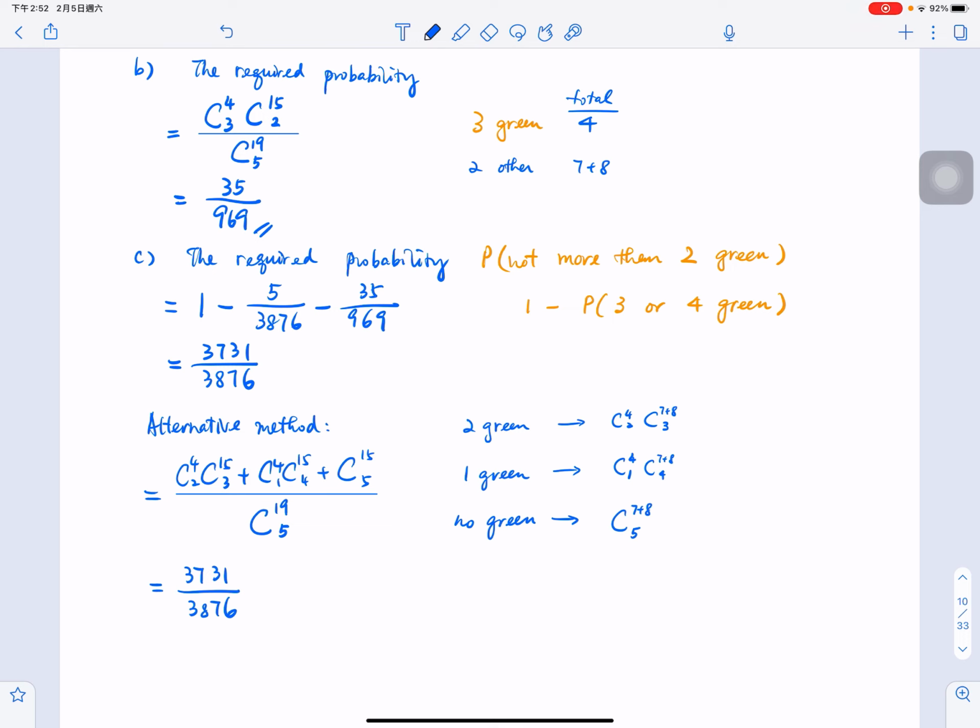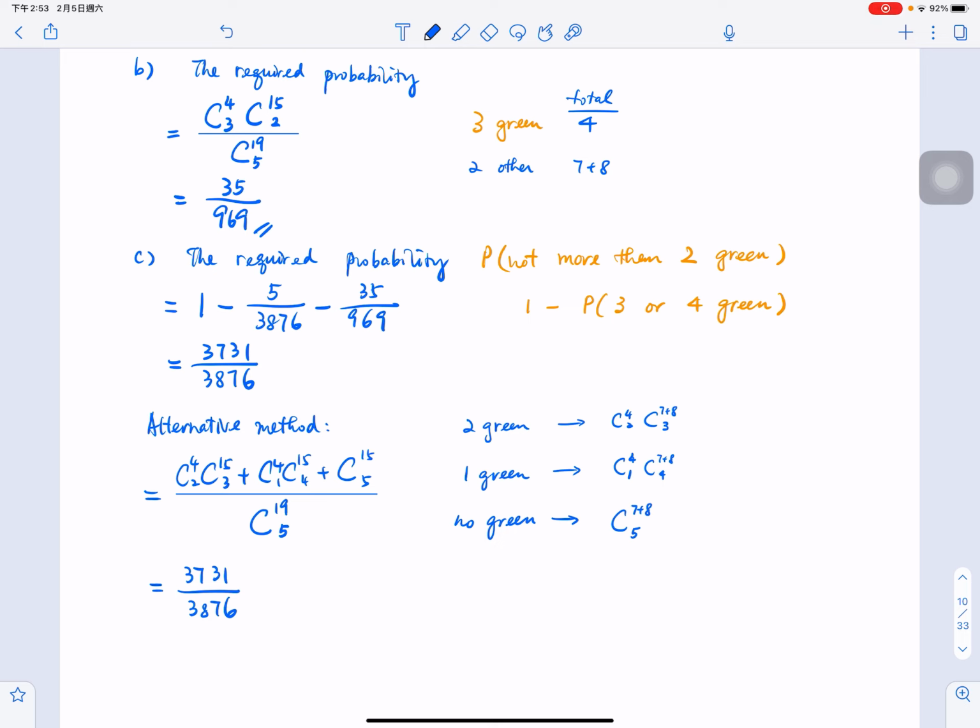So you may think, can we use fractions to find this answer? Actually, yes. And lastly, I will show you how to use fractions to think about this.